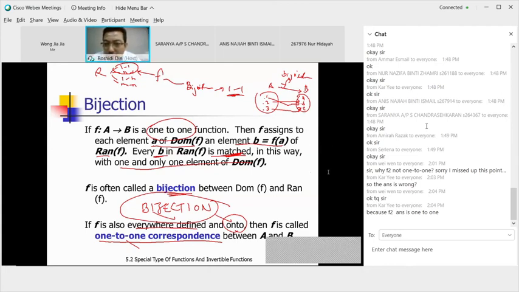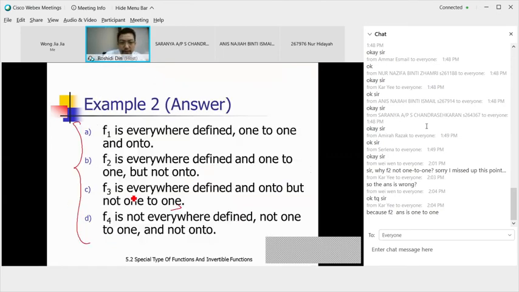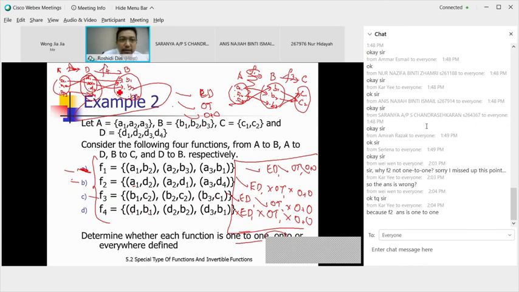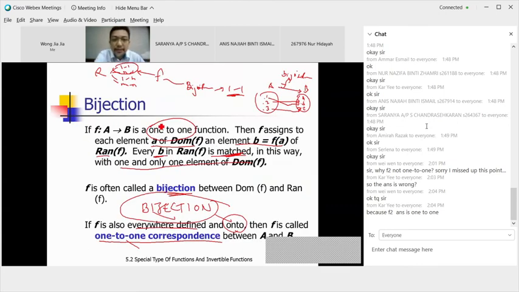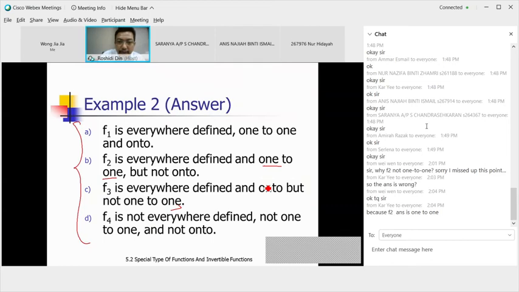Is F2 one-to-one? No, because this one is not utilized.